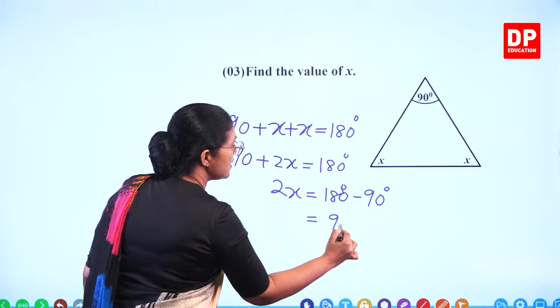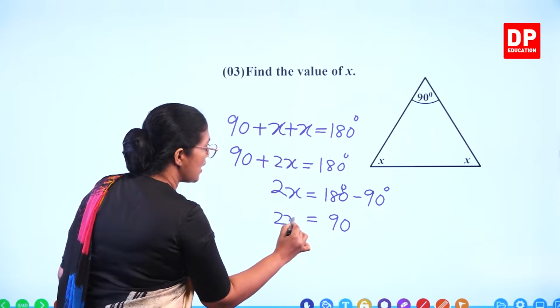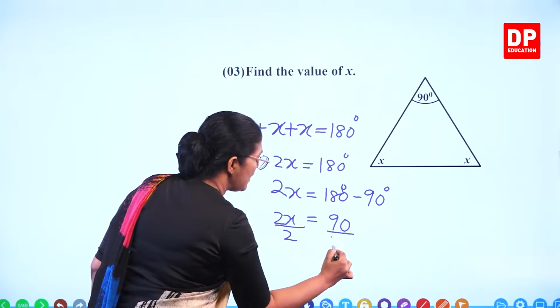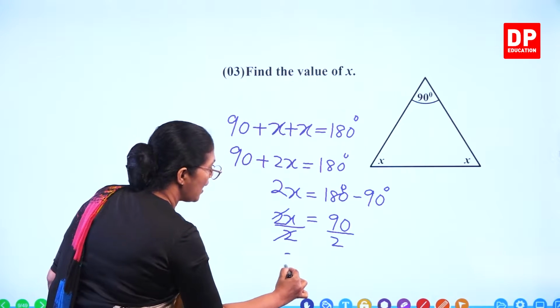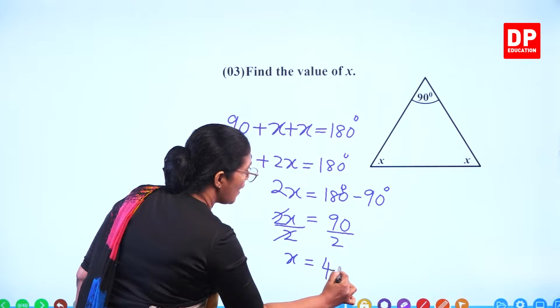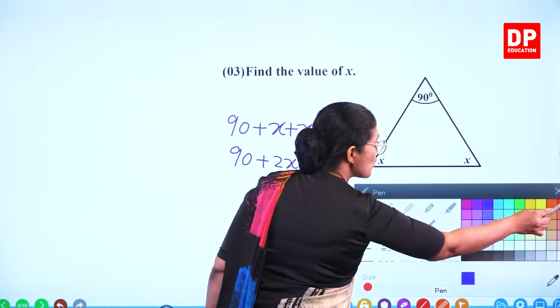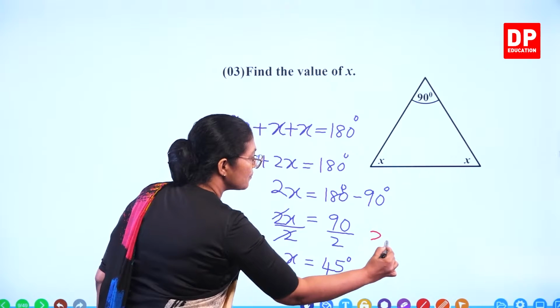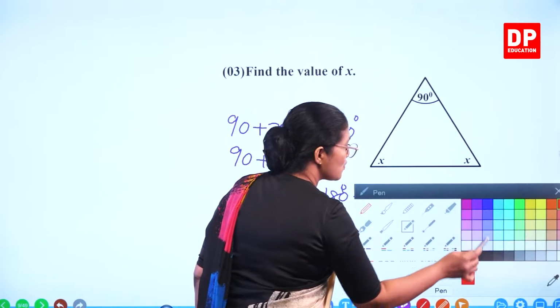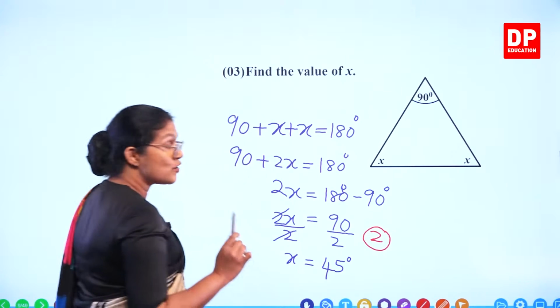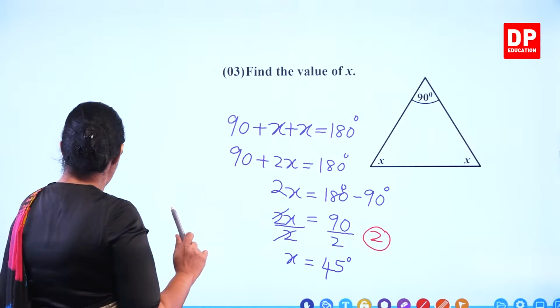So you get 90 there. So divide both sides by 2. You can find the x value. x becomes 45 degrees. So 2 marks for that question as well. These are short questions. You can spend less than 2 minutes.